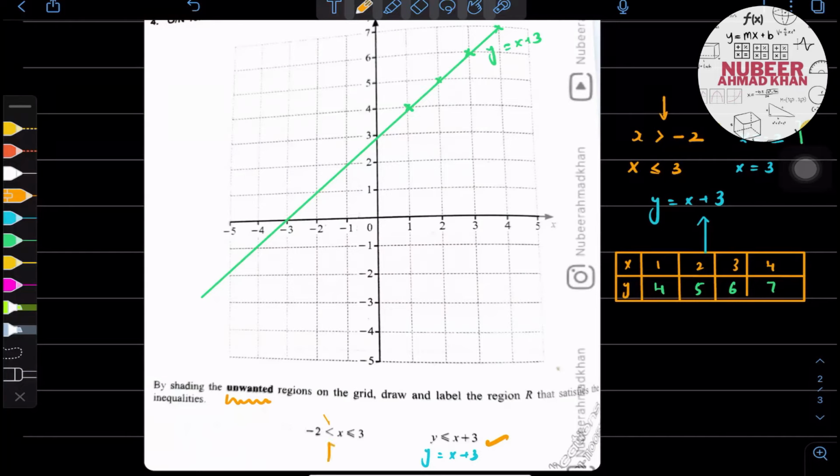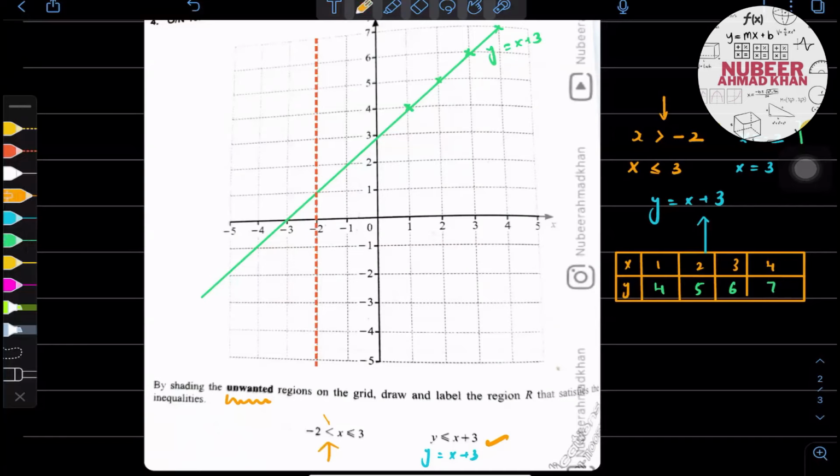So if you look at this original inequality, there was no equal sign. It means that this line would be drawn as a dotted line. ठीक है. तो आप dotted line draw करोगे at -2. The value of x is supposed to be -2. So आप देखो x axis पे I am cutting at -2 and I drew a vertical line and which is supposed to be dotted.